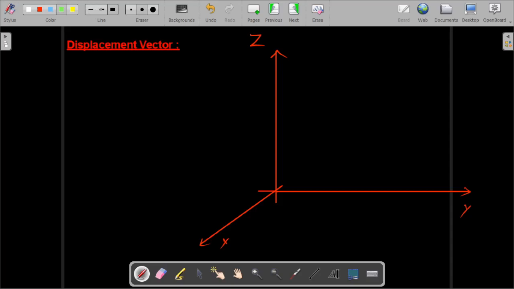This is point P. This is point Q. The position vector of P is, suppose, small r1, and the position vector of point Q is small r2.